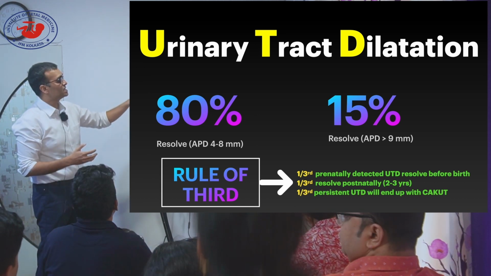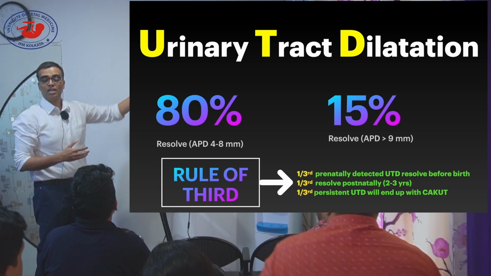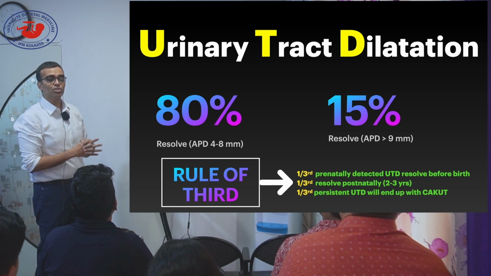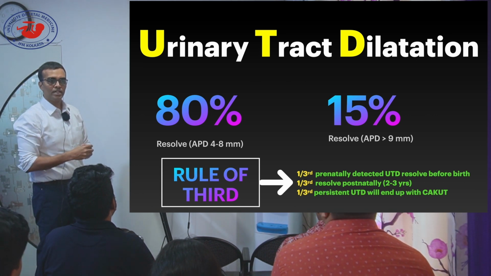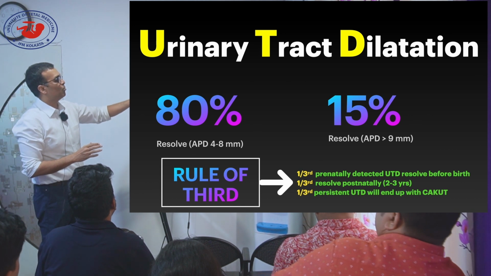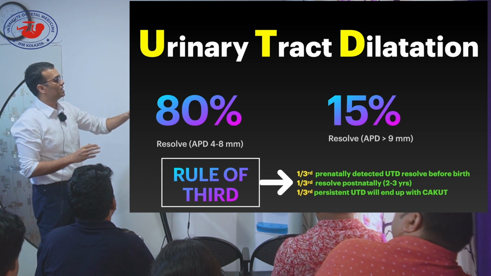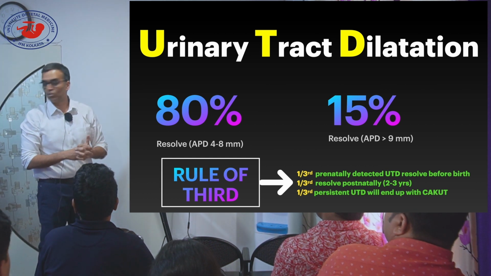And this persistent urinary tract dilatation will end up in congenital abnormality of kidney and urinary tract or urinary tract malformations. Right? So one third will resolve prenatally, one third postnatally in 2 to 3 years, and one third persistent, which may convert into CAKUT.